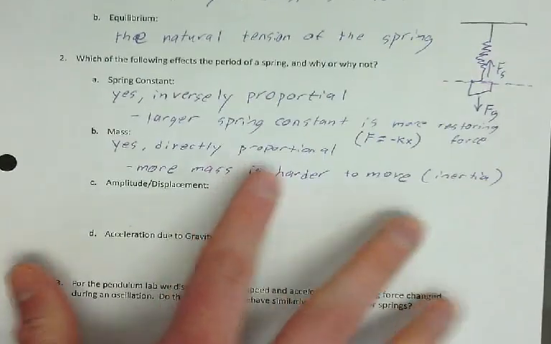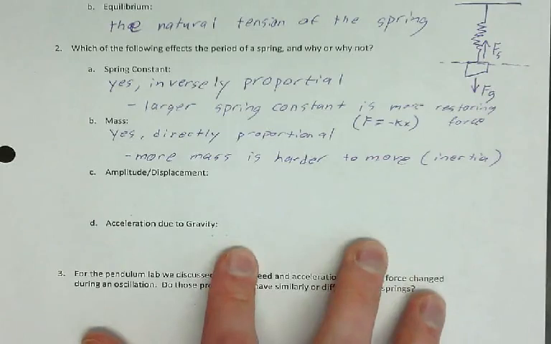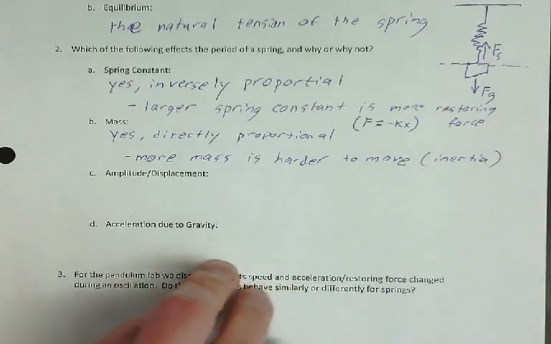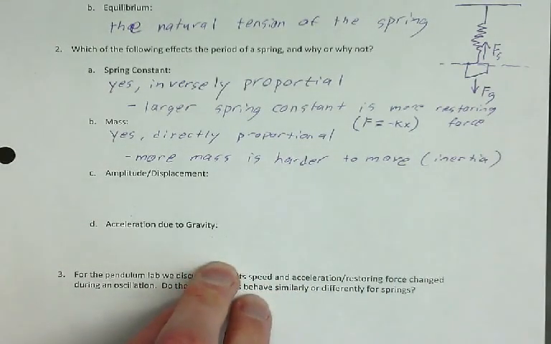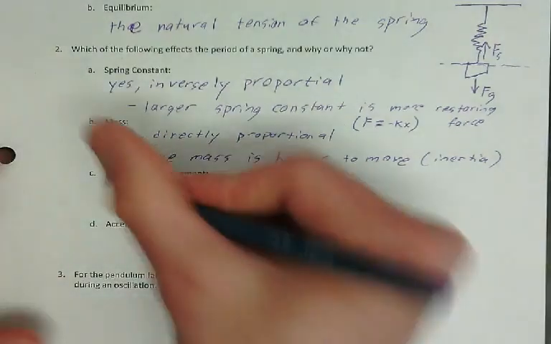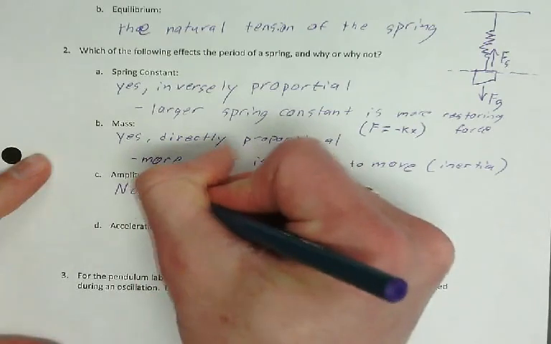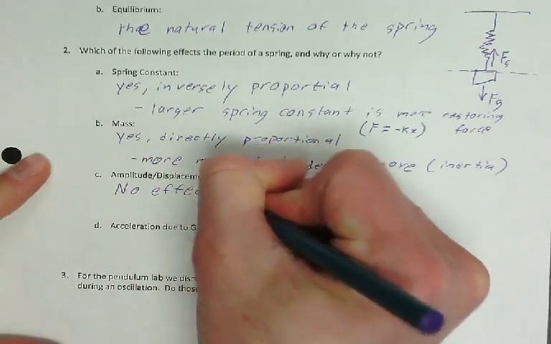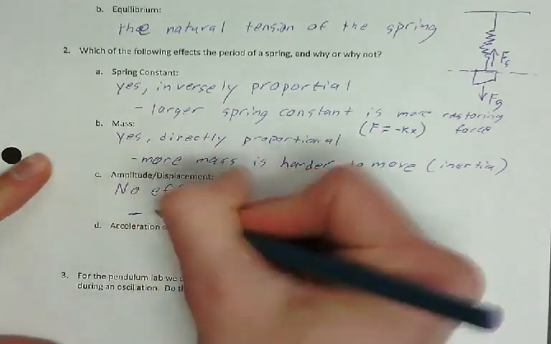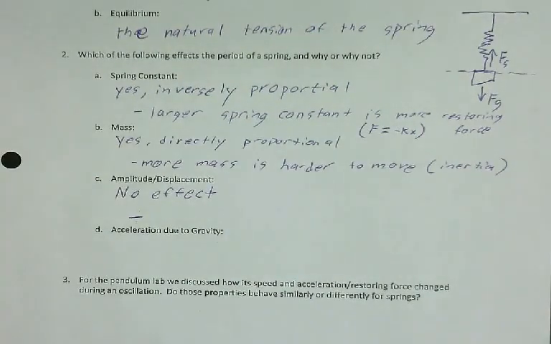Okay, cruising. Amplitude or displacement. Did amplitude matter? No, that one did not. Why not? Why didn't amplitude matter? Why would amplitude not have an effect here? Give me a hint.